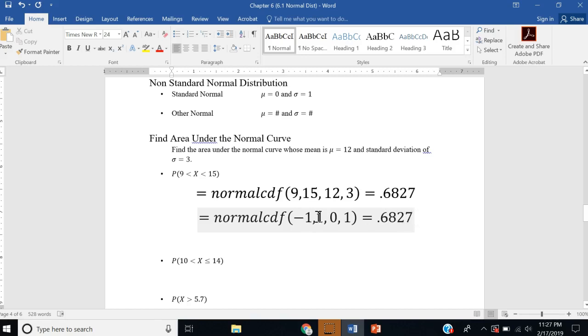If we didn't have a nice calculator that found the probability for us, this is the technique we'd have to use, because we can't memorize a million different normal curves that could have different means and different standard deviations. So if we had a table, we'd translate everything into z-scores and use the standard normal curve.